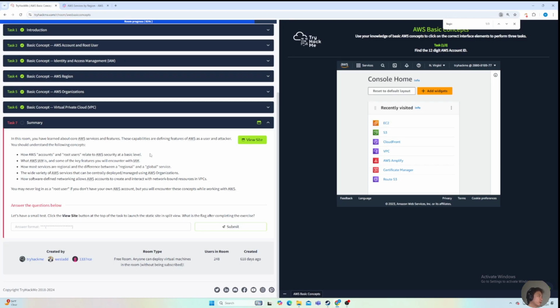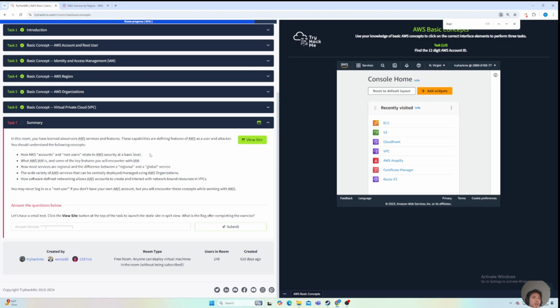The wide variety of AWS services that can be centrally deployed or managed using AWS Organizations. How software-defined networking allows AWS accounts to create and interact with the network-bound resources within the VPCs. You may never log in as root user if you don't have your own AWS account, but you will encounter this concept while working with AWS.